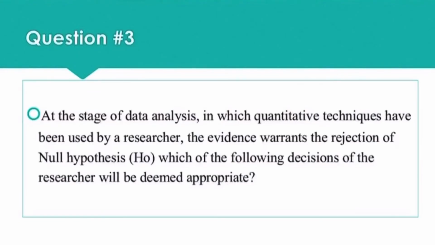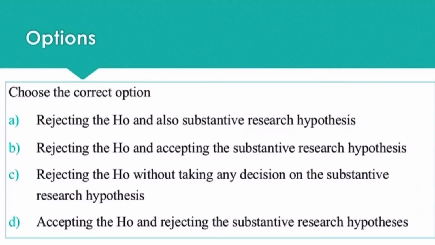At the stage of data analysis, in which quantitative techniques have been used by the researcher, the evidence warrants the rejection of null hypothesis. Which of the following decisions of the researcher will be deemed appropriate? At the stage of data analysis, the evidence suggests that the null hypothesis be rejected. In that case, what will the researcher decide? Similar to the first question.